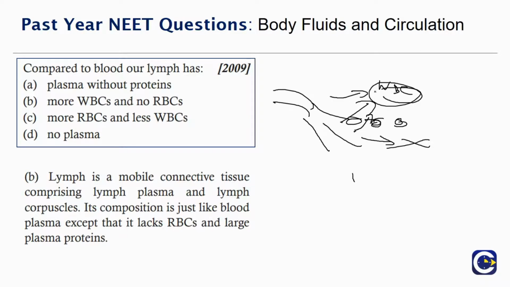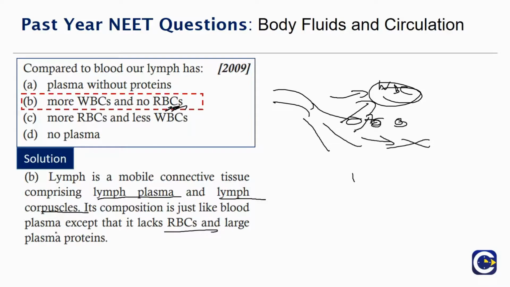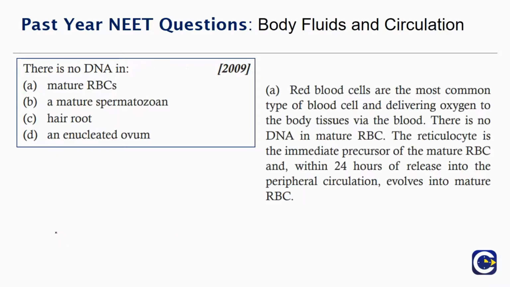That's why lymph is rich in WBC. So it contains more WBCs and no RBCs. So lymph is mobile connective tissue comprising lymph plasma and lymph corpuscles. Its composition is like blood except that it lacks RBC and large plasma proteins. So the option is option B, more WBCs and no RBCs at all.